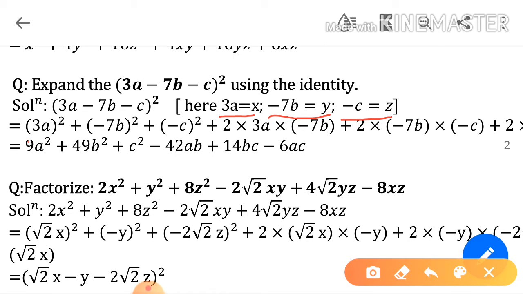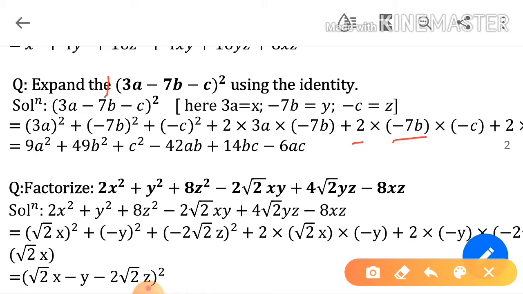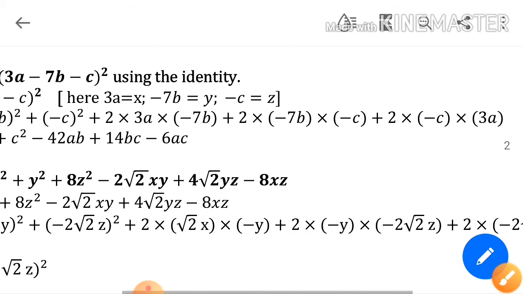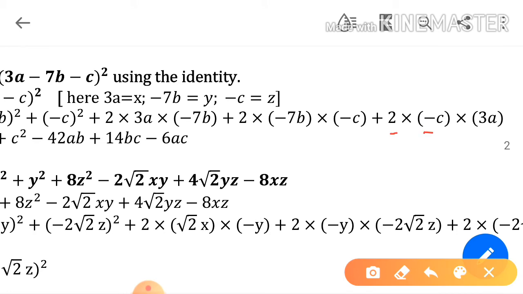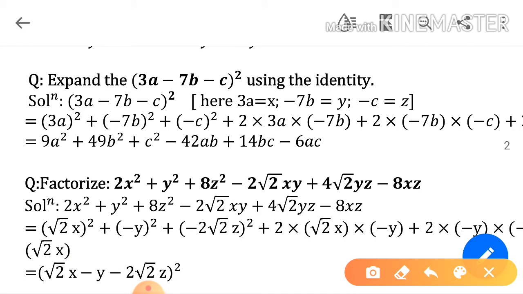That's why it is (3a) whole square plus (minus 7b) whole square plus (minus c) whole square, then 2 into x into y, thereafter 2 into y into z, then 2 into z into x. Now after calculating, (3a) whole square equals 9a square, (7b) whole square is 49b square, and (minus c) whole square equals c square.